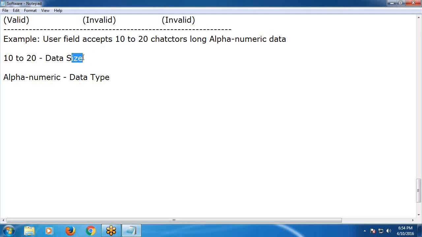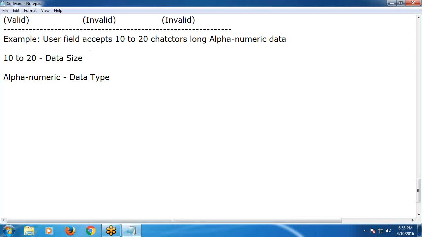Suppose 10 digit. Observe, here no mathematical operations are involved. 10 digit valid, 14 digit valid, 18 valid, 22 invalid, 8 invalid. This is size only.